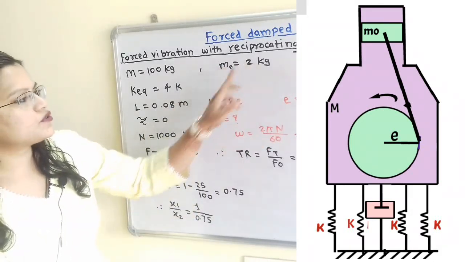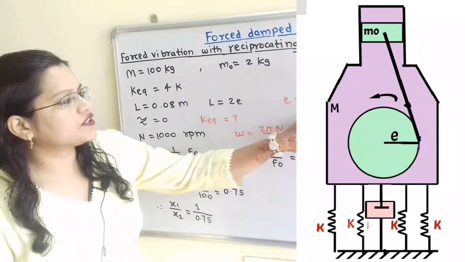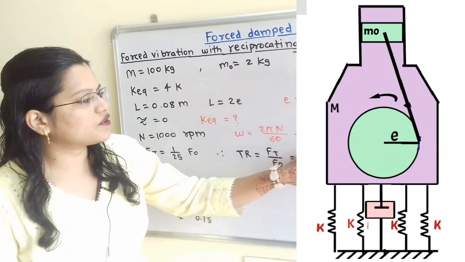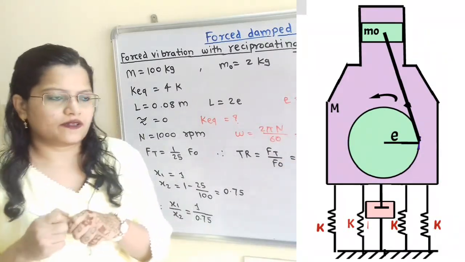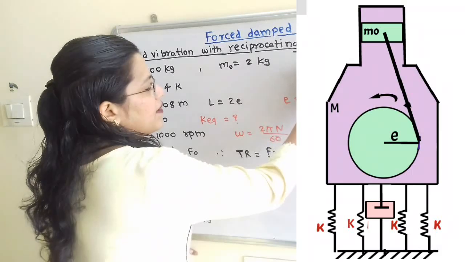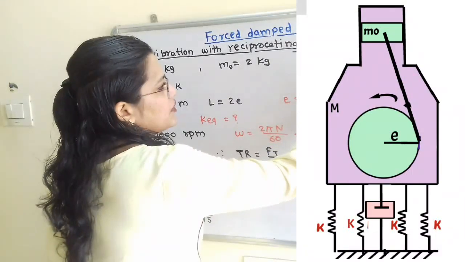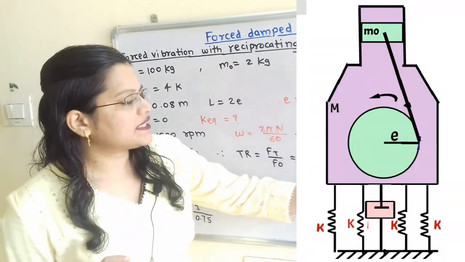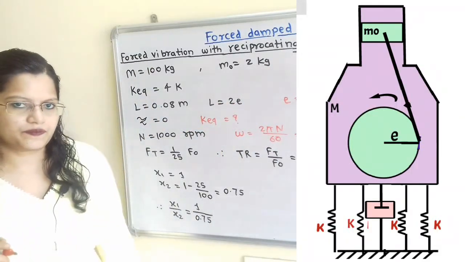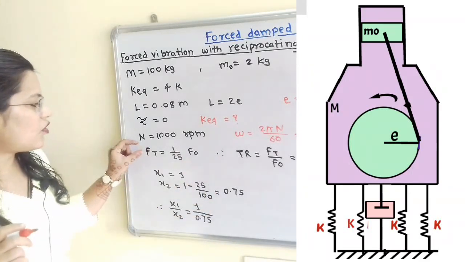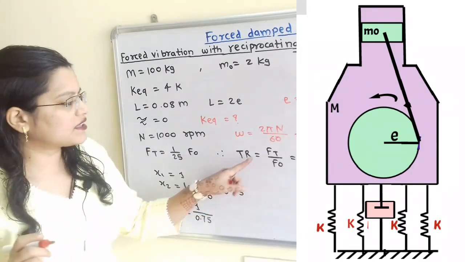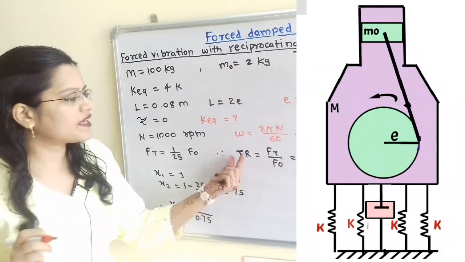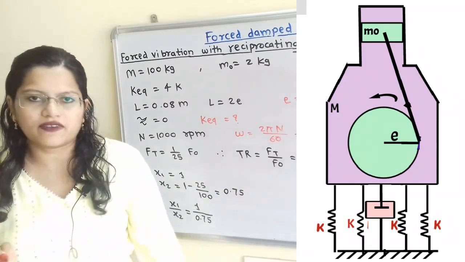So m0 is 2 kg, e is 0.04 meter and omega we have to take its square, that is 104.71 square. So when we take this formula, F0 is equal to m0 e omega square, then we will get the value of F0 as 877.28 Newton. Now the ratio of Ft by F0, that is nothing but transmissibility, and which is equal to 1 by 25. So we will get here Tr is equal to 1 by 25.